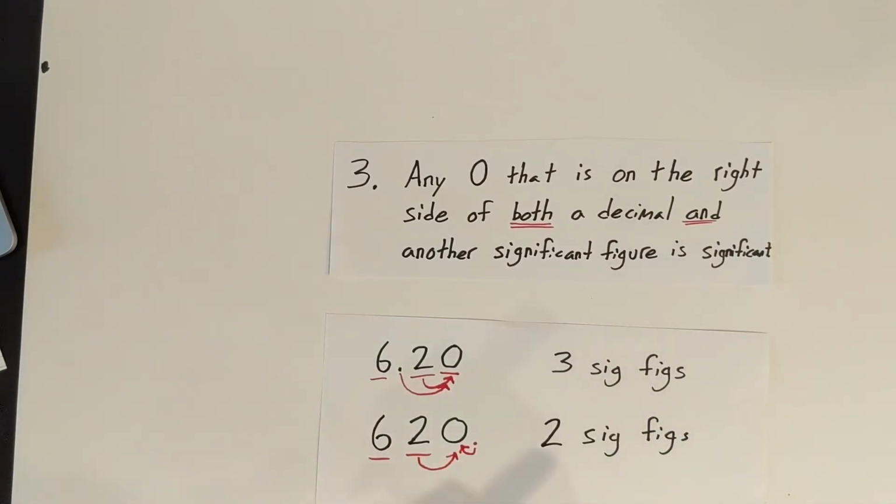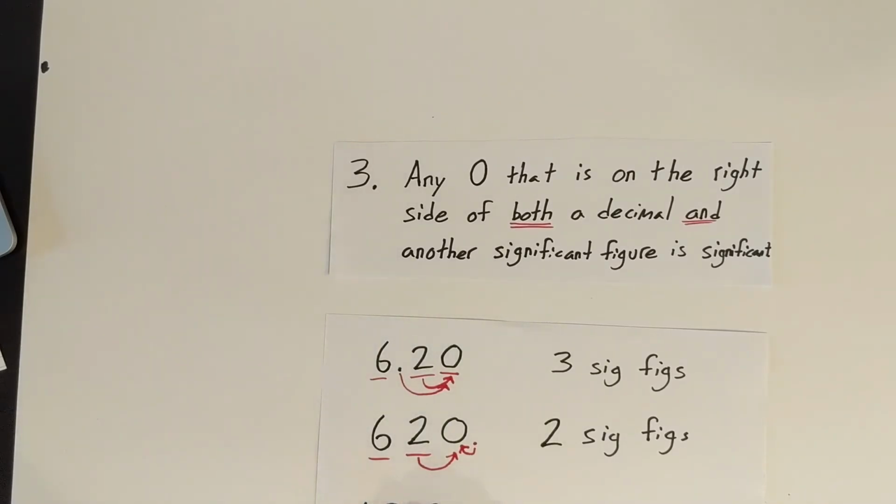And let's say, we'll do a few more of these. Let's say I had 60,000 and 20. Those would both be significant figures.